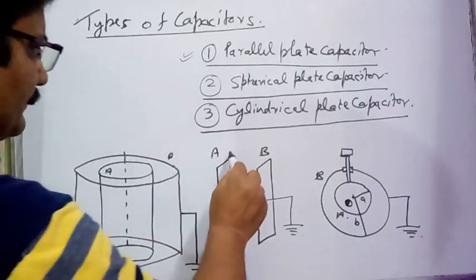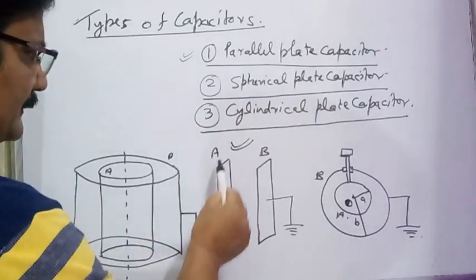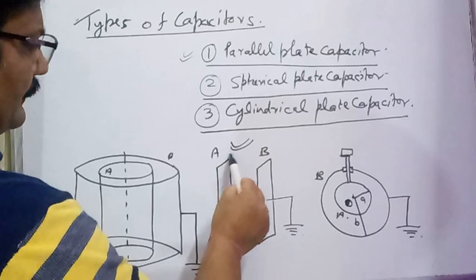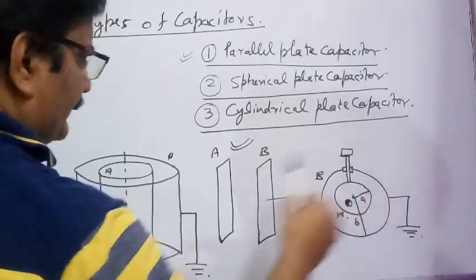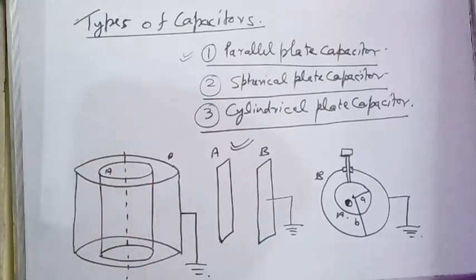So this is a parallel plate capacitor, as the plates are kept parallel to each other. This is a spherical plate capacitor and this is a cylindrical plate capacitor. These three types of capacitors are there.